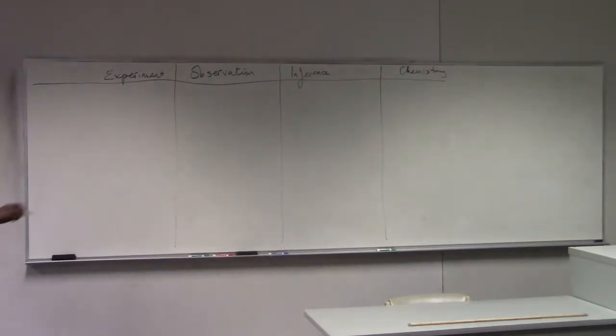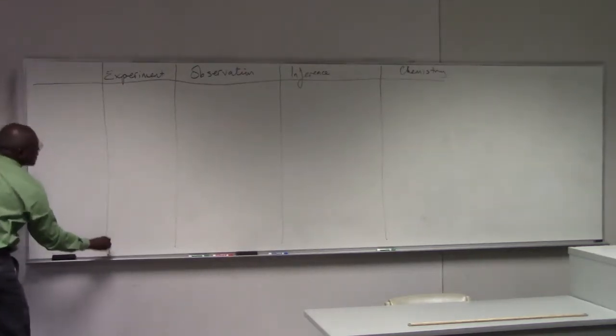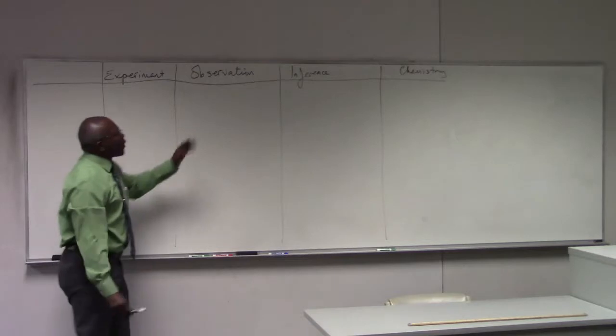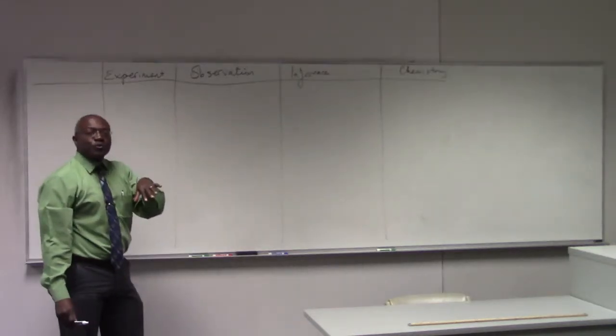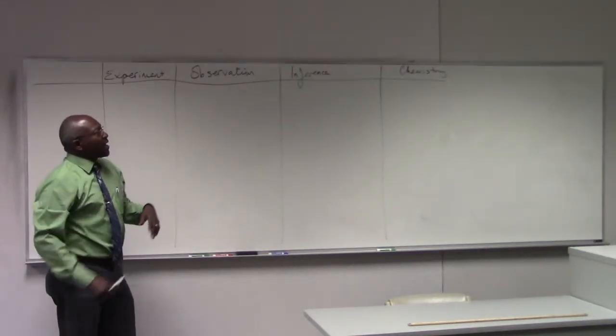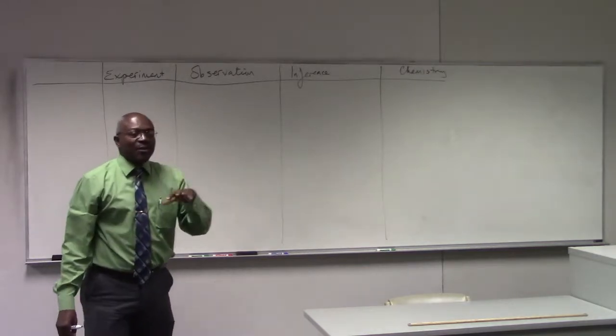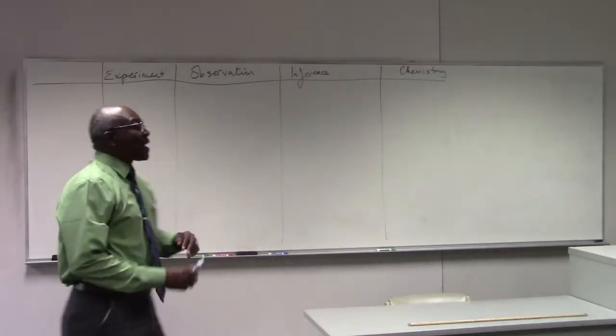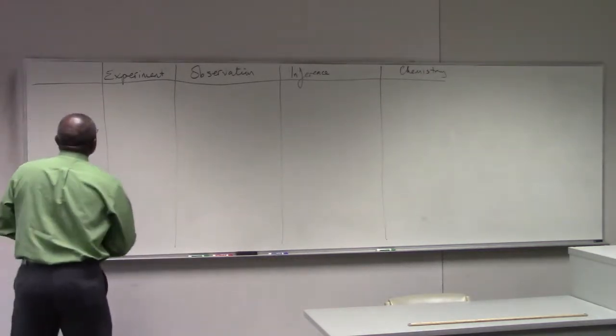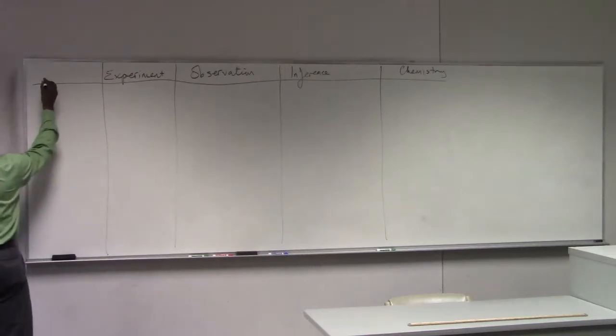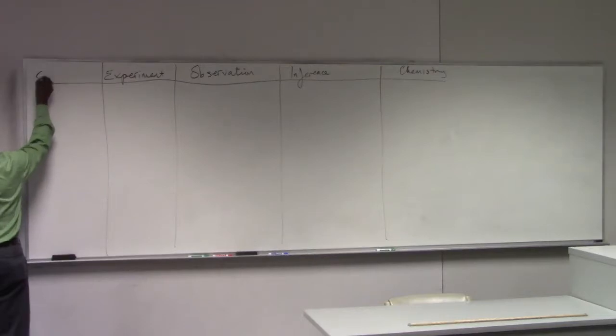So what are we doing? What will we observe? What our conclusion will be based upon an observation, and then to get a sense of what are the chemical principles behind the experiment. And in this far column, I'll say a class or functional group.